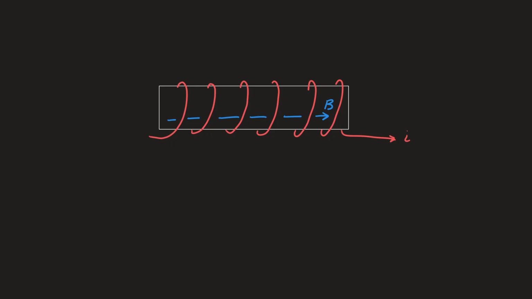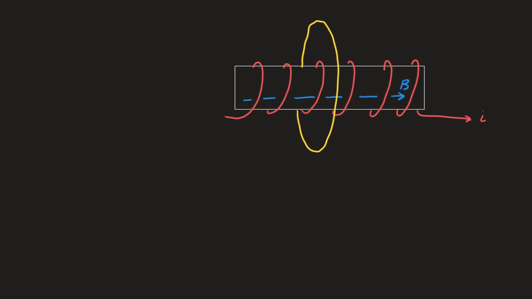Well, if I take another loop of wire and wrap it around the solenoid, like so. Now imagine taking this, turning it sideways, so that there's the solenoid wire, as shown.